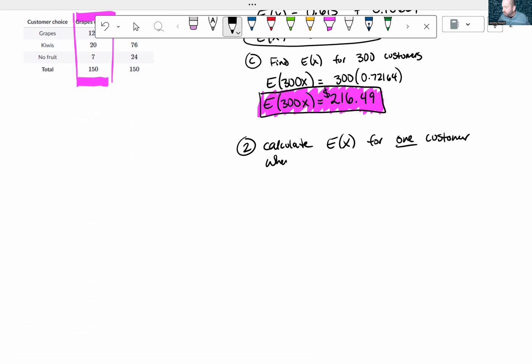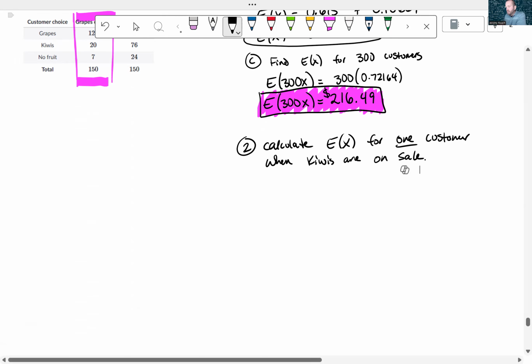I like this problem because it shows us a bit of repetition from the first example, since we're doing essentially the same thing. Now I'm going to copy this exact same problem down here so that we don't have to keep scrolling up and down and can see all of our data.